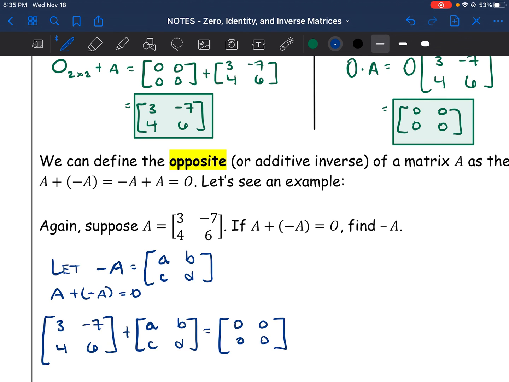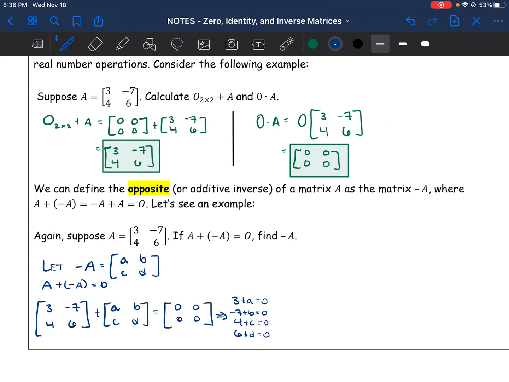Well, let's go ahead and add the matrices on the left and set them equal to the elements on the right. So 3 plus a will equal 0. -7 plus b will equal 0. 4 plus c will equal 0. And 6 plus d will equal 0. Okay.